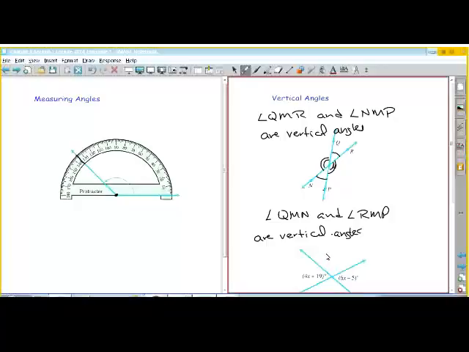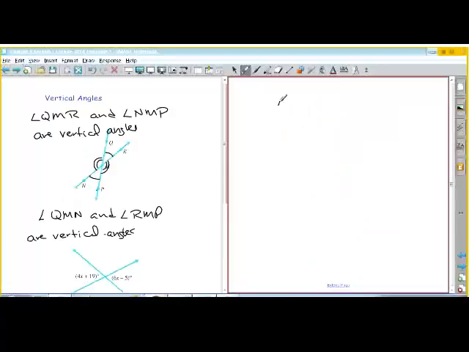I'm going to skip that problem right now. Now, let me ask our last question here: if I took the measure of angle QMR and I added it to the measure of angle QMN. So this is QMR, this is QMN. What is the value for that angle?